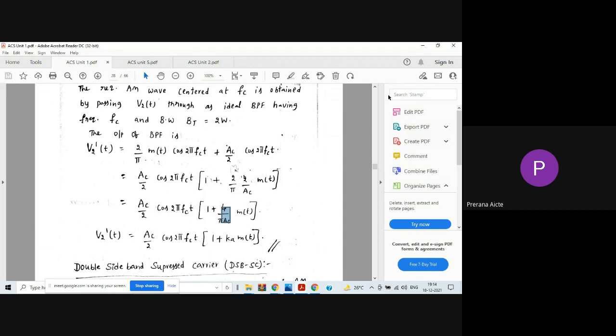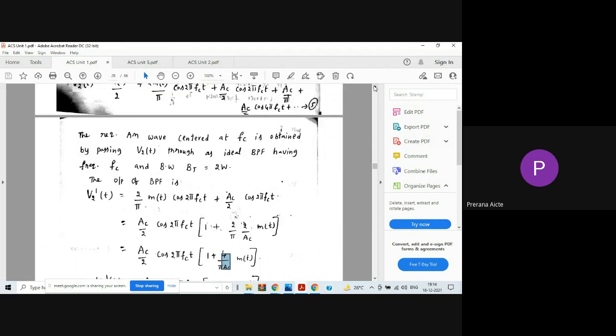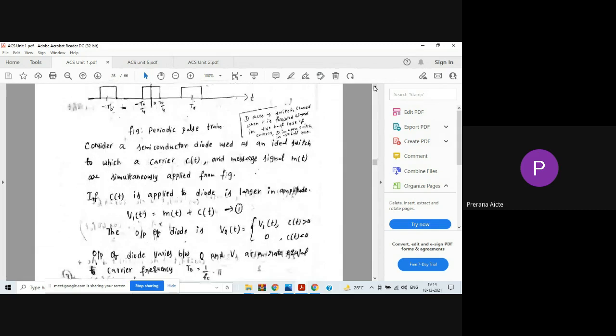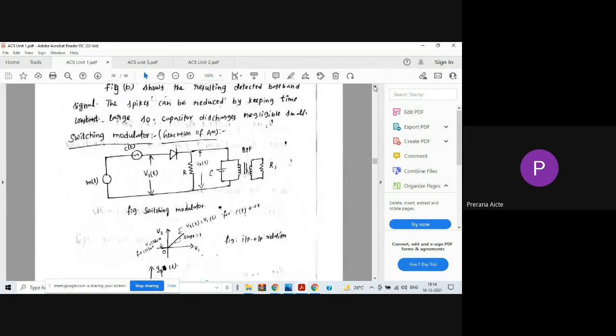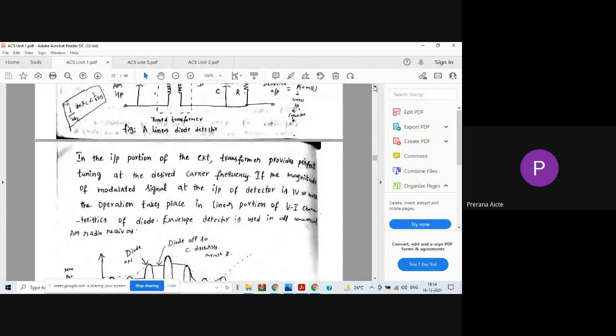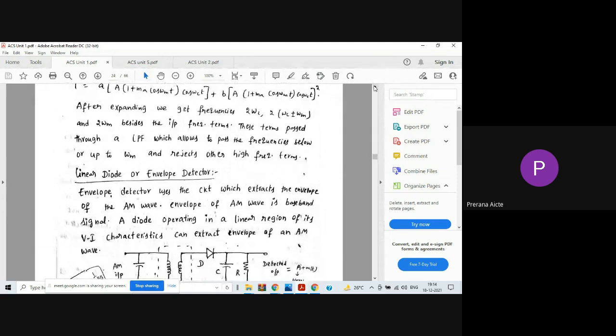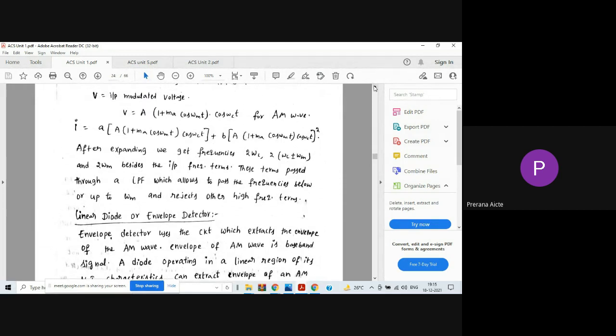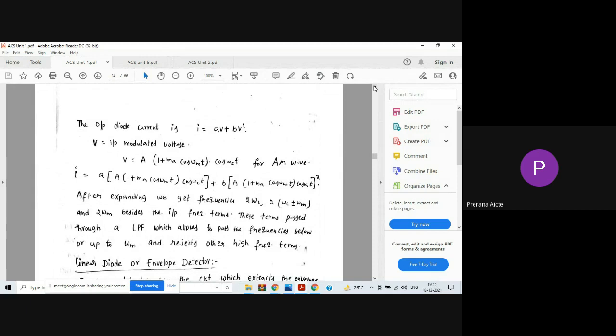So using a switching modulator, we are able to get the amplitude modulation. Similarly, we go for the demodulation. So what is meant by demodulation? It is the process of recovering the message signal from the modulated signal.